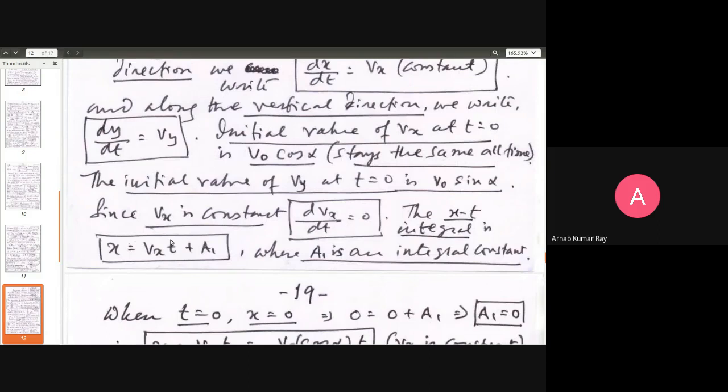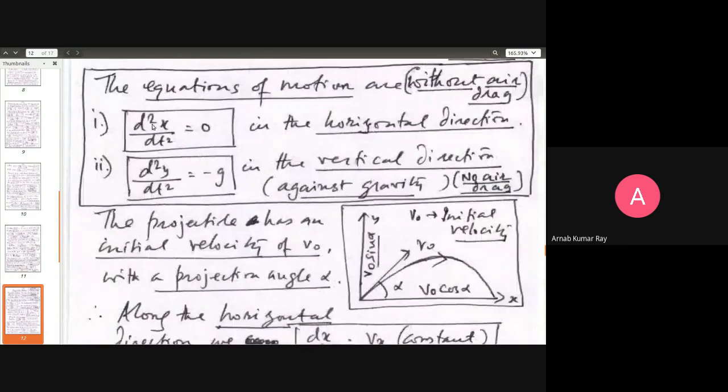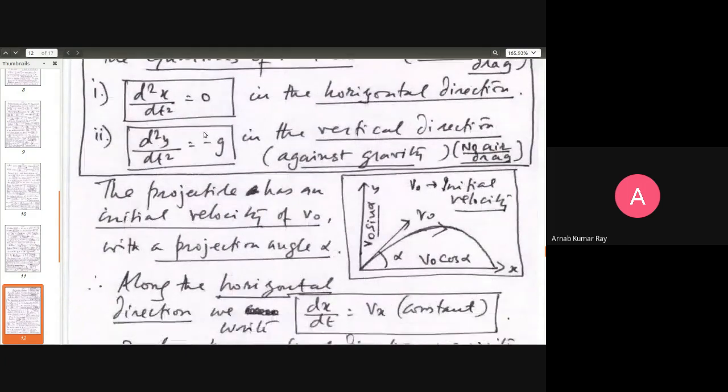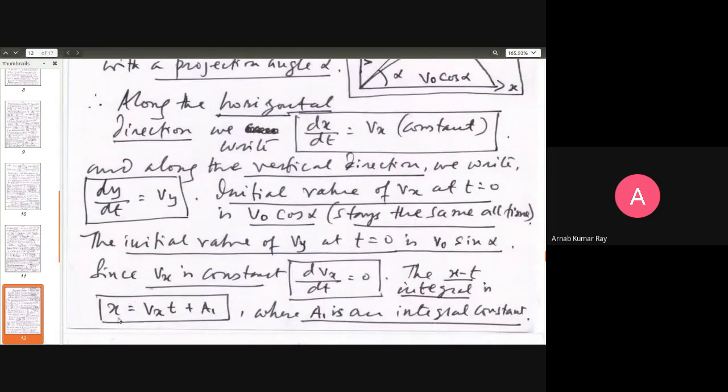The integral will be, so d²x/dt² is equal to 0. dx/dt is equal to v_x, a constant, and therefore x is equal to v_x into t plus a1, where a1 is the constant of integration.